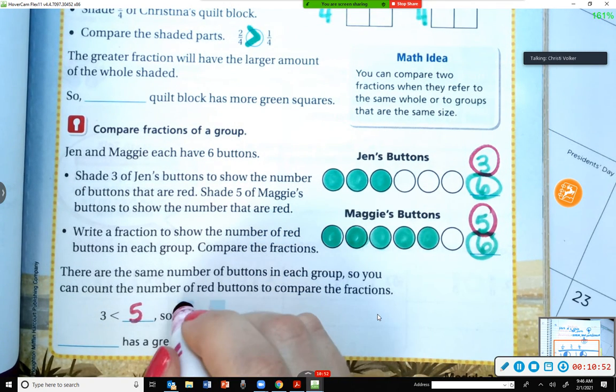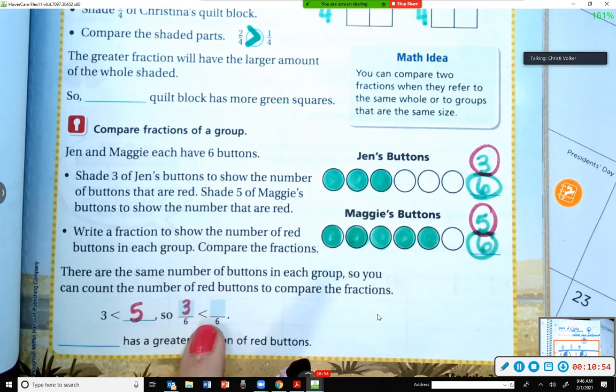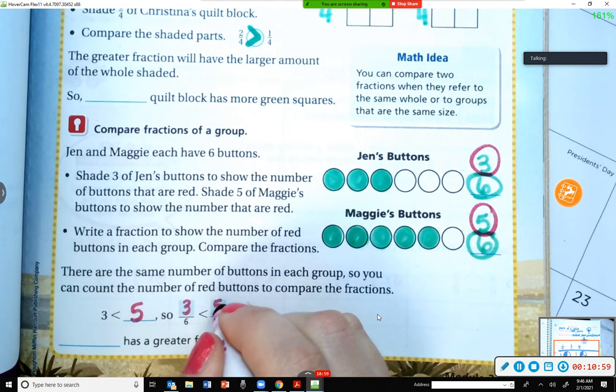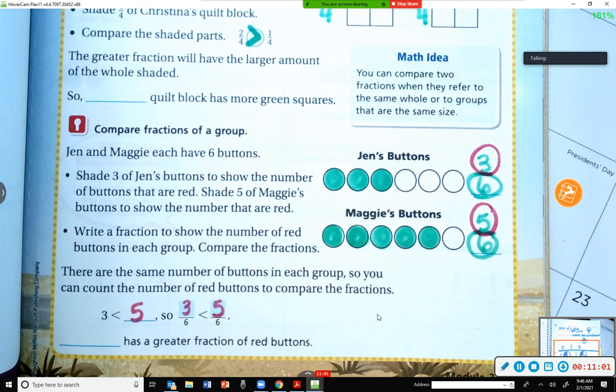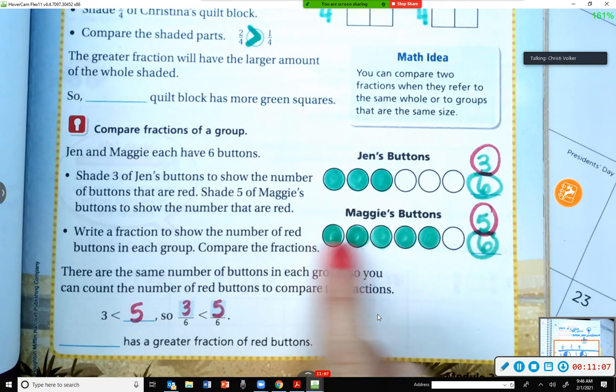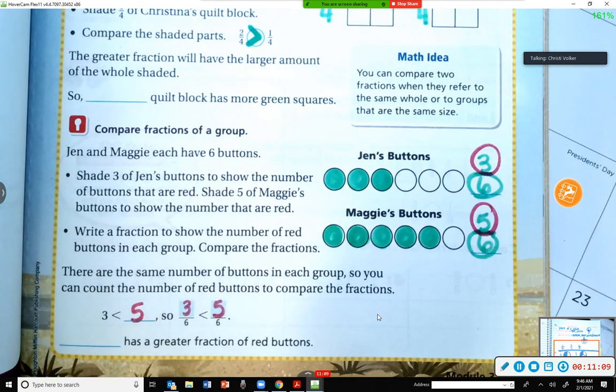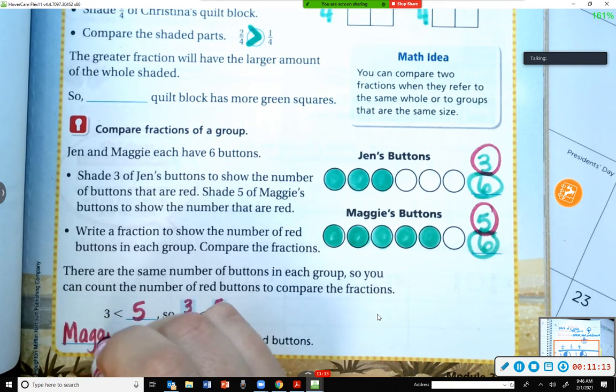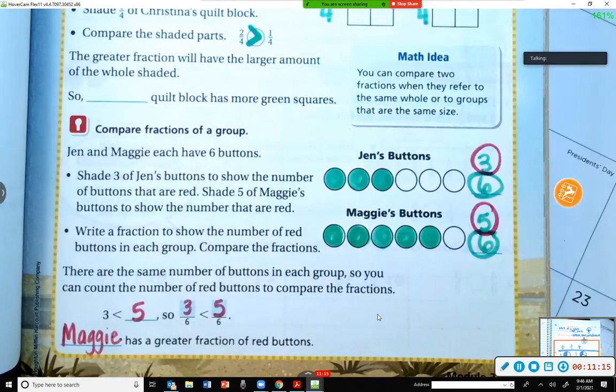So 3/6 is less than 5/6. So who has the greater fraction? Maggie. Good. Maggie has 5/6. Okay, pretty easy, right?